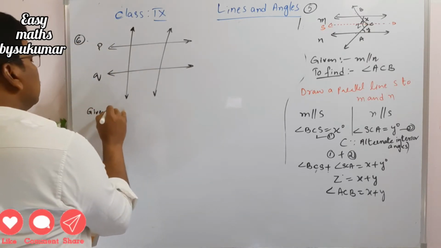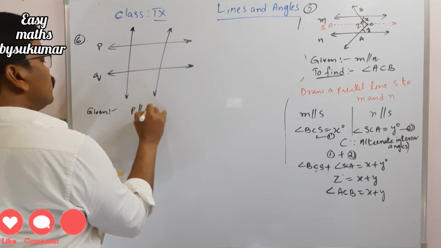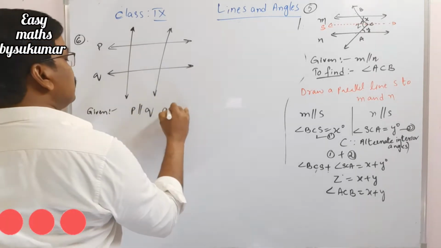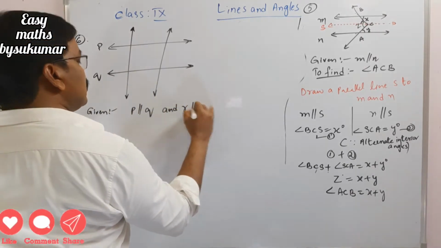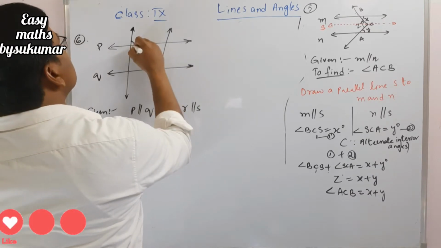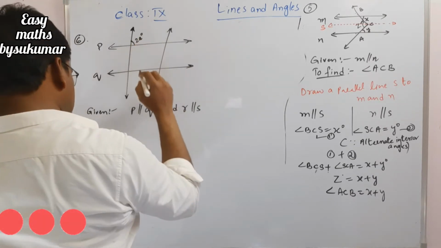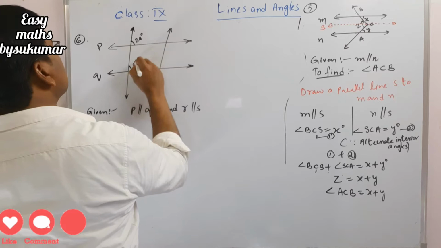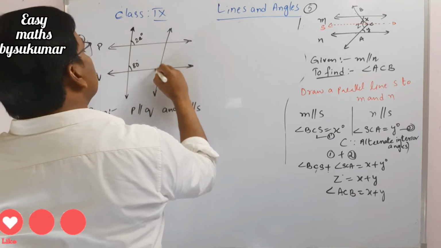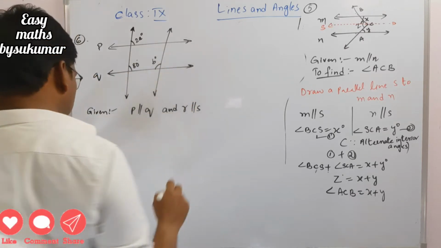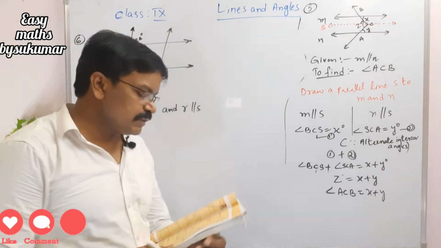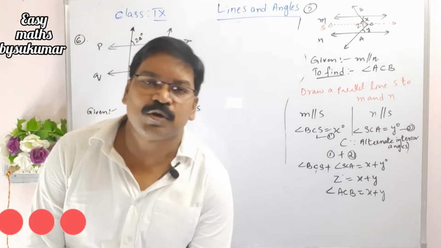Given P is parallel to Q and R is parallel to S. This angle is 2a degrees, this is 80 degrees and this is b degrees. So we have to find the values of small a and small b.